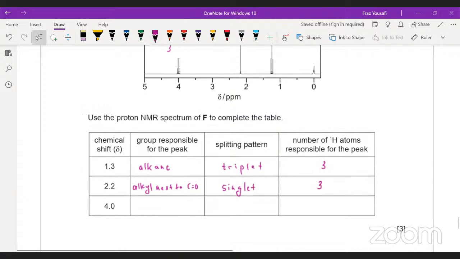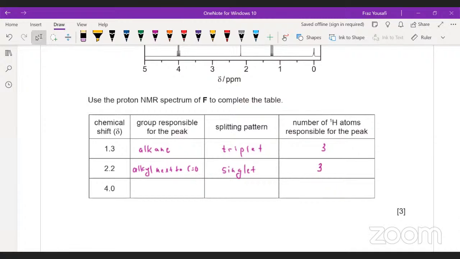And that would also have 3 protons responsible for it. The last one, the other way to write quadruplet, you can write quartet, and the number of protons responsible here is two. Okay?